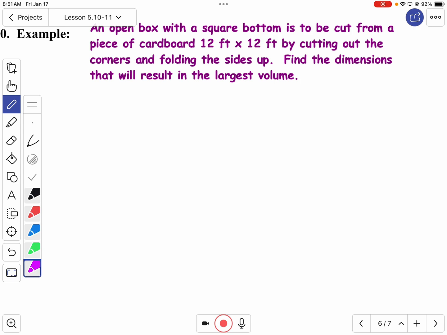So this is that same situation, right? So we've got this, if you turn your pen on, the square piece of cardboard. That's 12 by 12. And we're going to cut out these corners and then fold it up, okay?